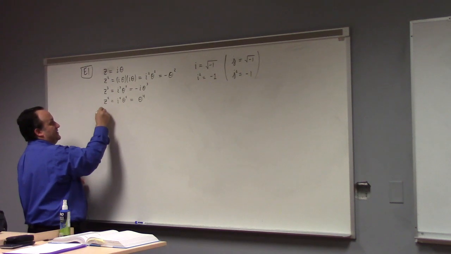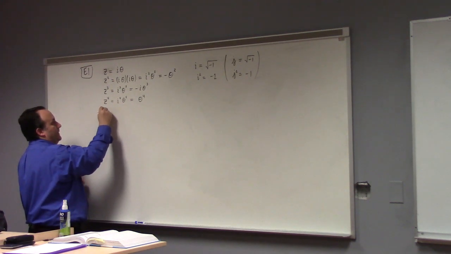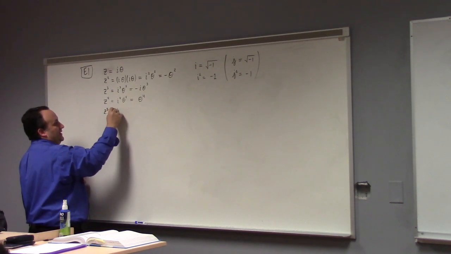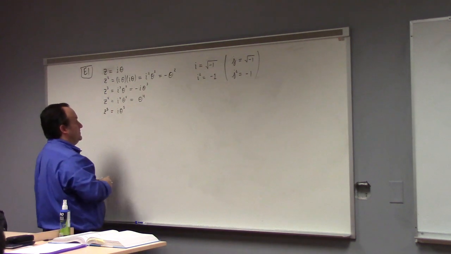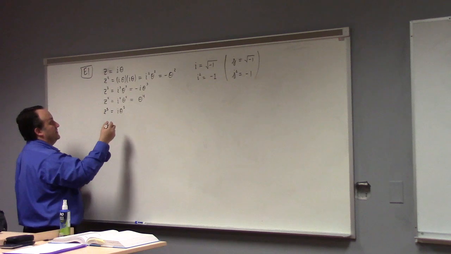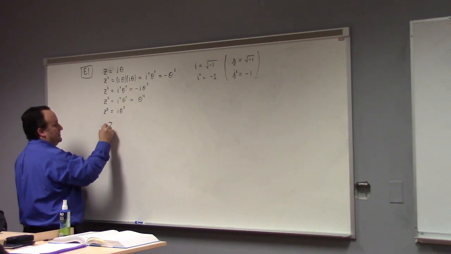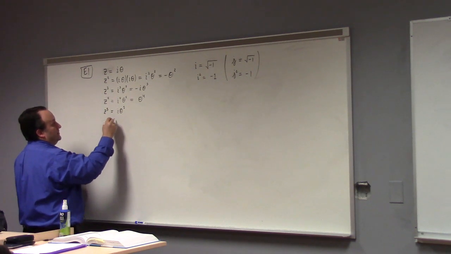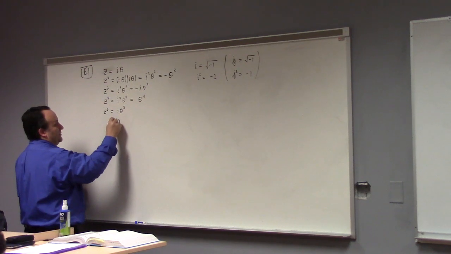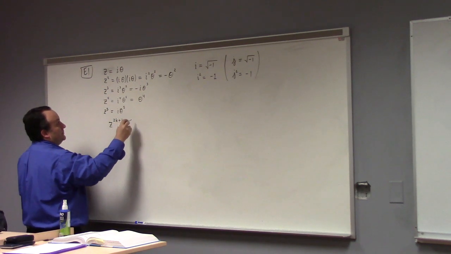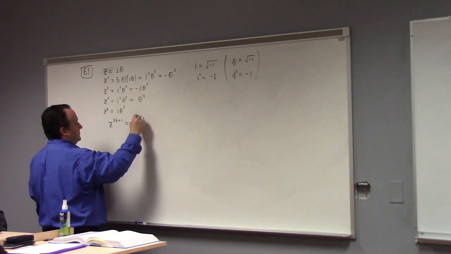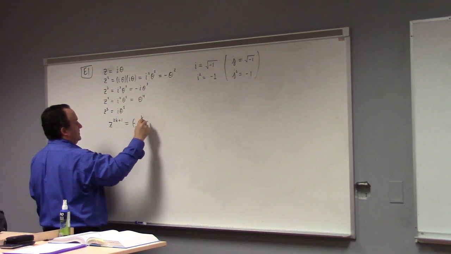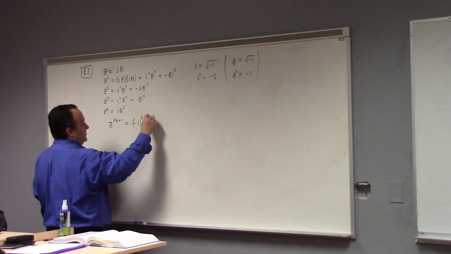So what happens with z to the 5th? You get i theta to the 5th, right? Anyway, if you sort through the pattern here, what you've got is that z to an odd power, 2k plus 1, is equal to minus 1 to the k times i theta to the 2k plus 1, I believe.